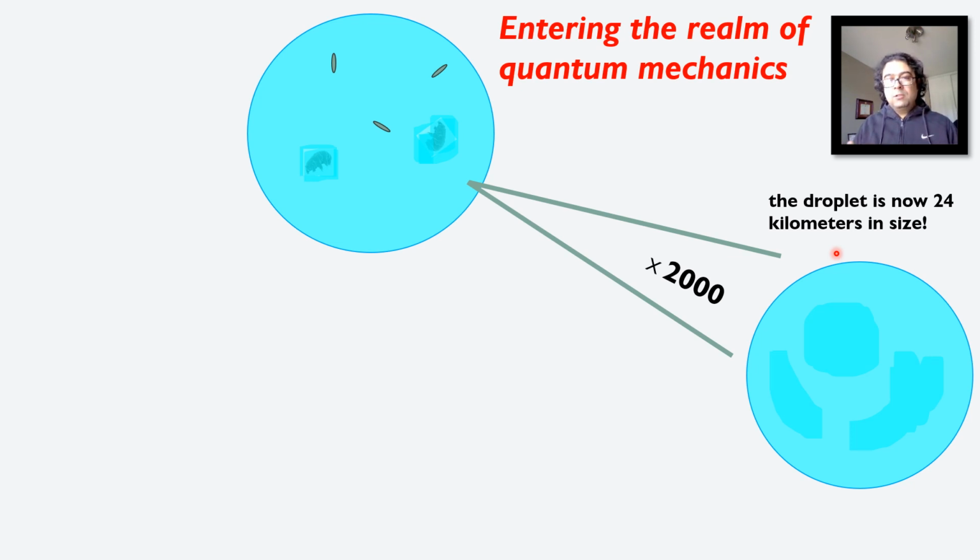That's why optical microscopes will be no good. We have to use other techniques. For instance, if I want to look into the structure of a crystal, I will have to use X-rays. I cannot use optical light because the wavelength of optical light exceeds the spacing between the fine structures in the crystal.